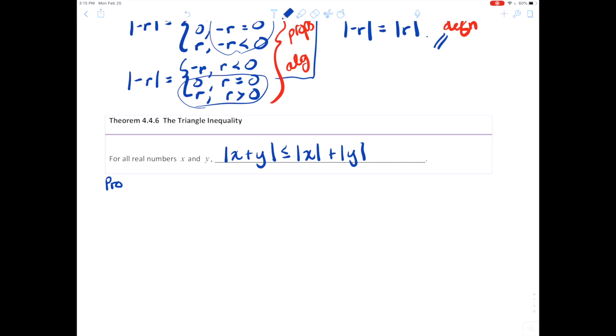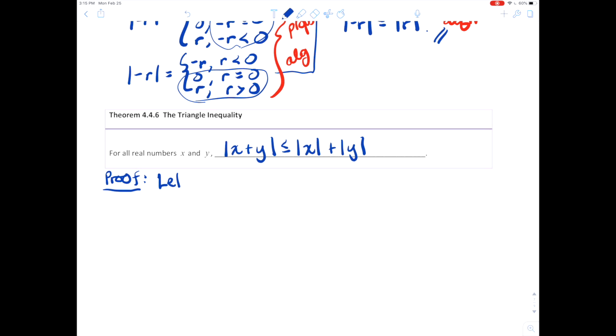All right, so starting our proof, let's see what we have. We're going to let x and y be any real numbers. So what possibilities do we have? x plus y could be positive or 0, or x plus y could be negative, less than 0.